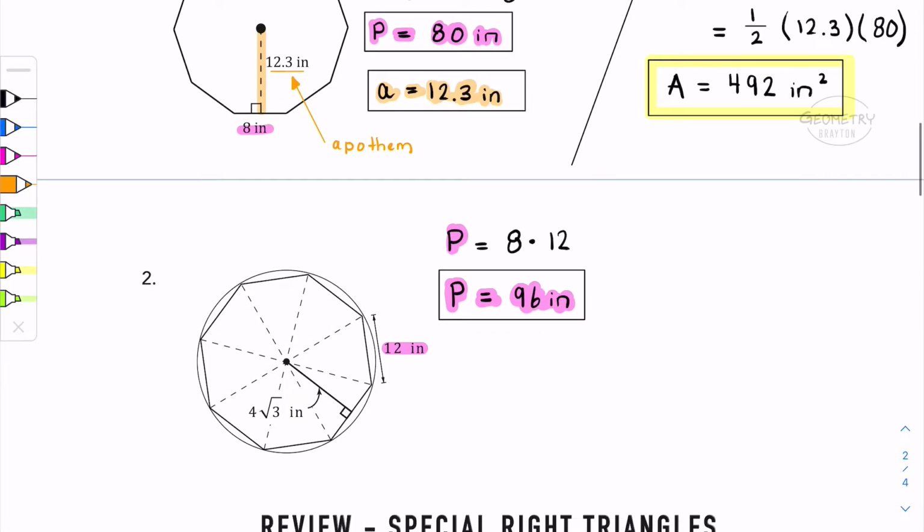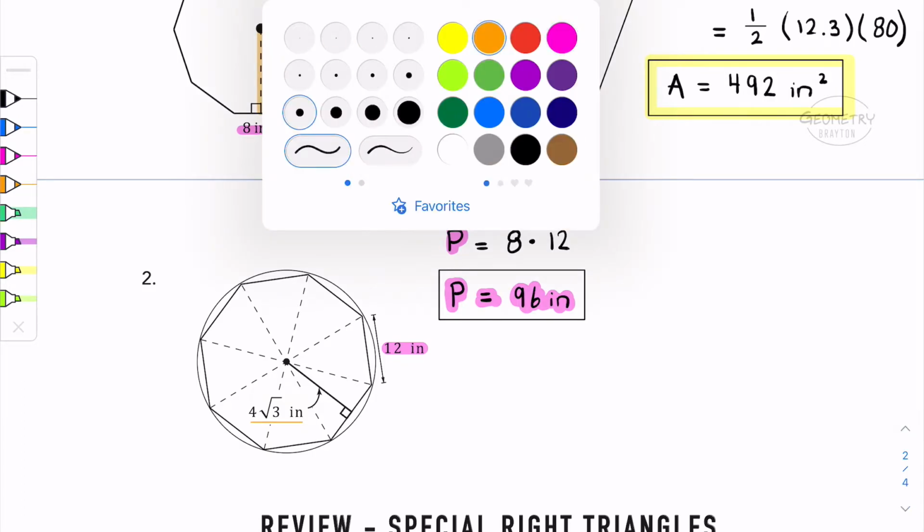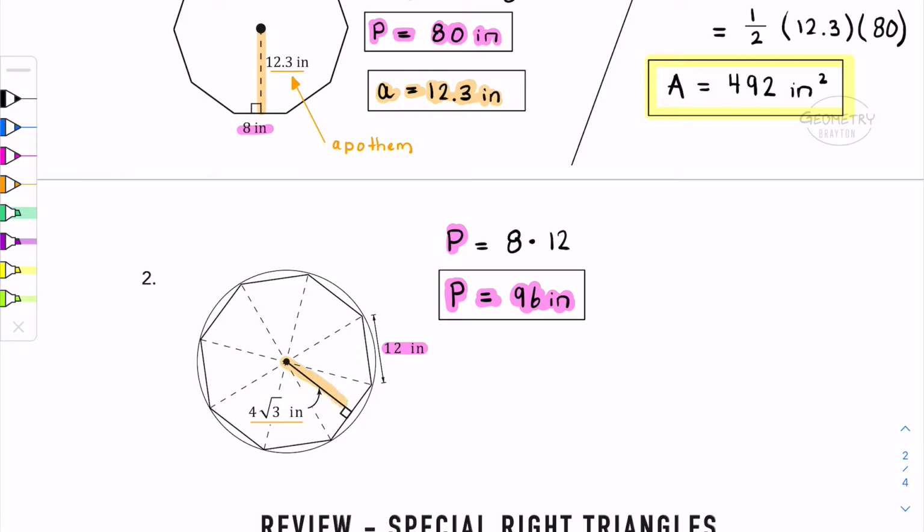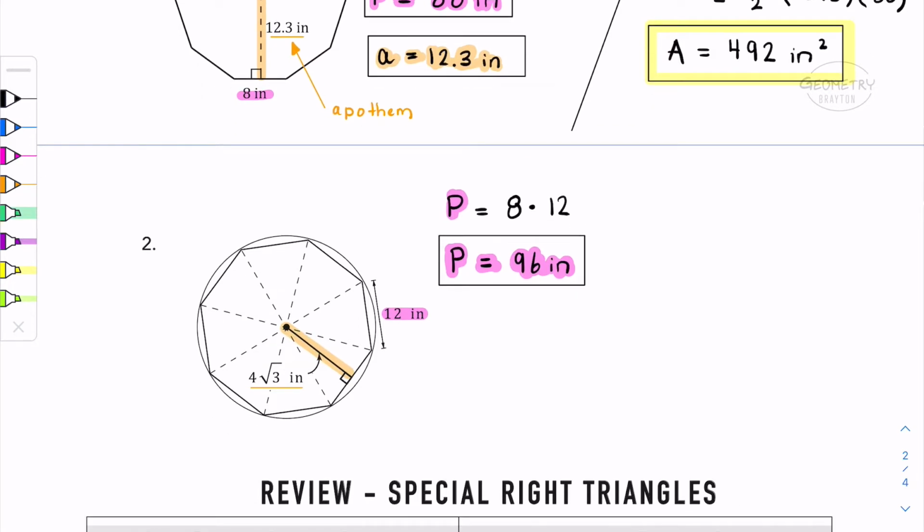Next up, I need to identify what the apothem is. In my model here, it's the length from the center to the side of the regular polygon. And this is already labeled for me. So I know that the length of the apothem, represented with a lowercase a, is 4 times the square root of 3 inches.